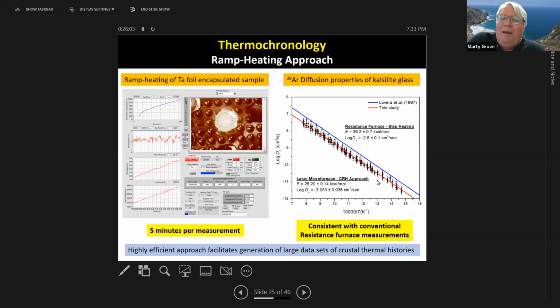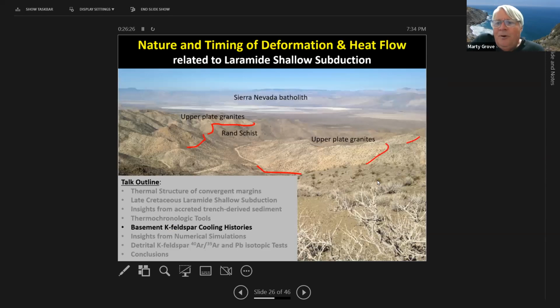We use a ramp heating approach, and we've been able to demonstrate that we understand the diffusion situation in the experiment sufficiently well that we can reproduce the kinetic and age information that we were able to obtain using older technology.